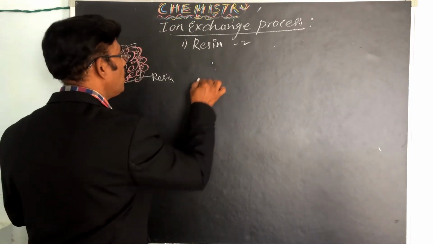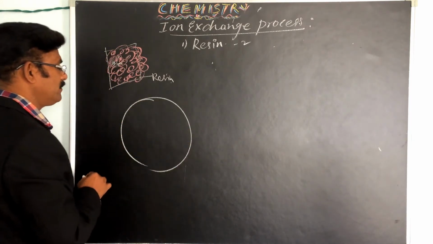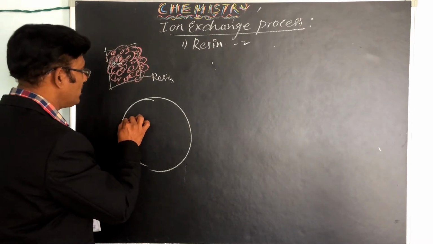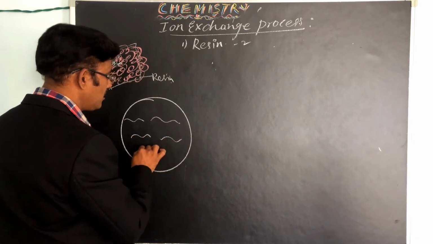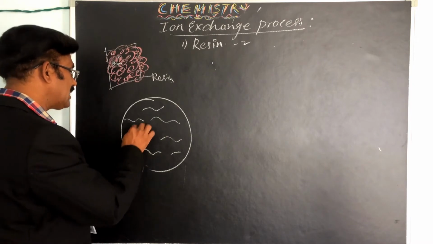For example, this is the resin: a long chain organic polymer like this, and cross-linked.